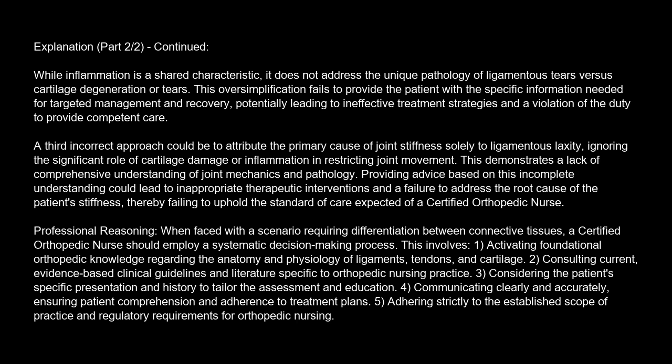Consulting current, evidence-based clinical guidelines and literature specific to orthopedic nursing practice. 3. Considering the patient's specific presentation and history to tailor the assessment and education. 4. Communicating clearly and accurately, ensuring patient comprehension and adherence to treatment plans. 5. Adhering strictly to the established scope of practice and regulatory requirements for orthopedic nursing.